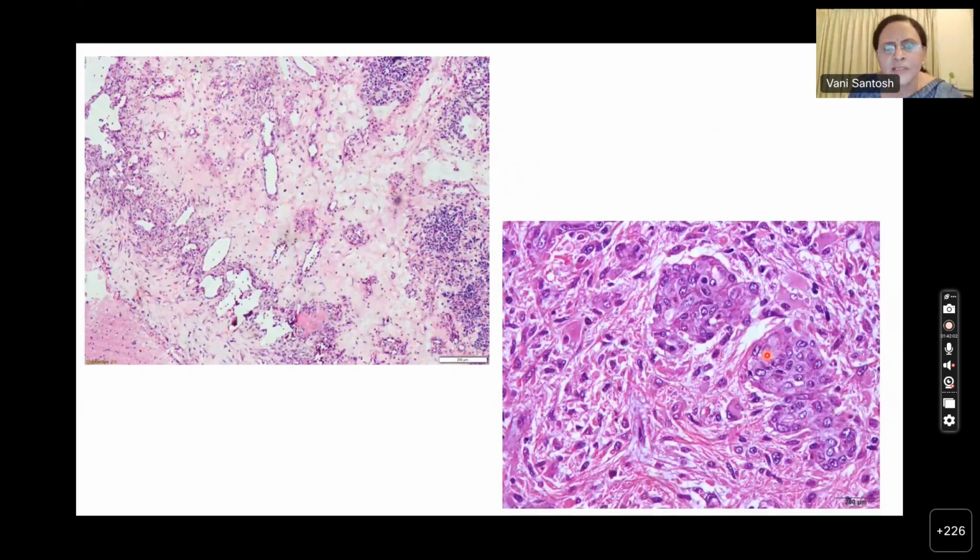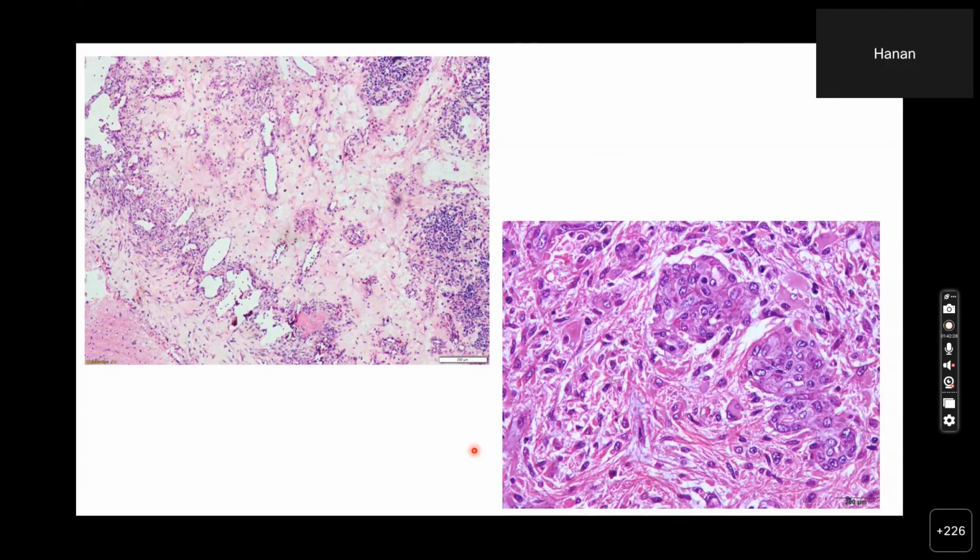Now you tell me, what is this? Souvik, are you there or not? Can you listen? Yes, ma'am. In this section, tell me what is this and what is this? That's all I want. What changes are they? Are they changes in the stroma, changes in the tumor cells, or changes in the vessels?